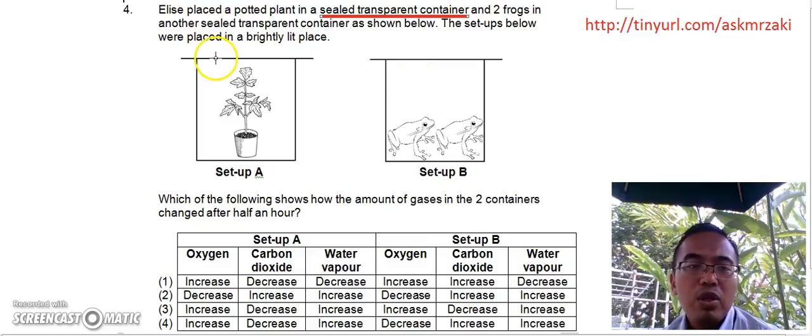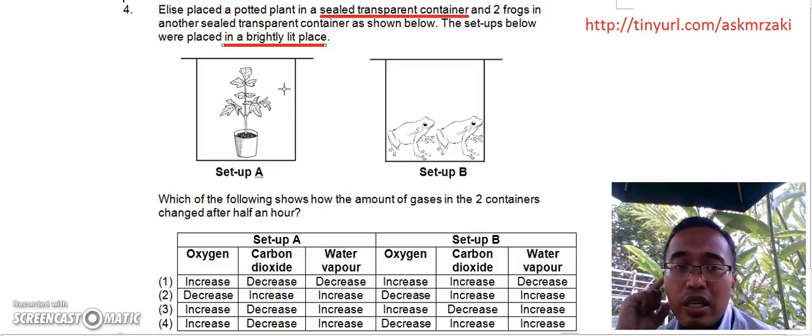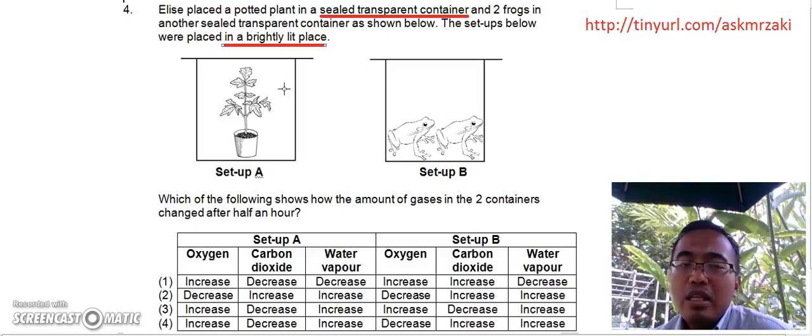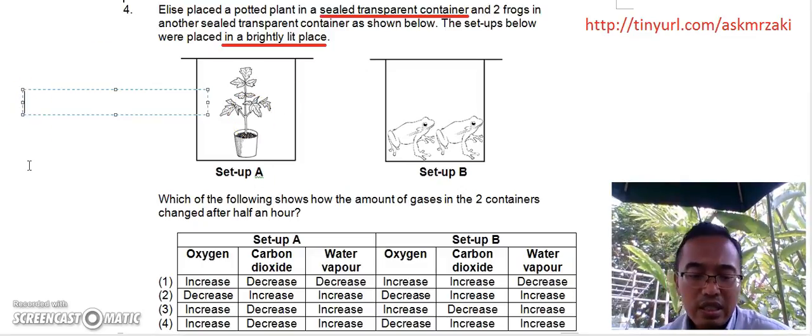Now the setups below were placed in a brightly lit place. We know if it's a transparent container, light can pass through, and if it's a brightly lit place, that means the plants can photosynthesize.